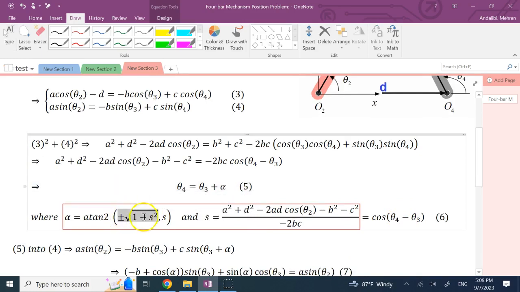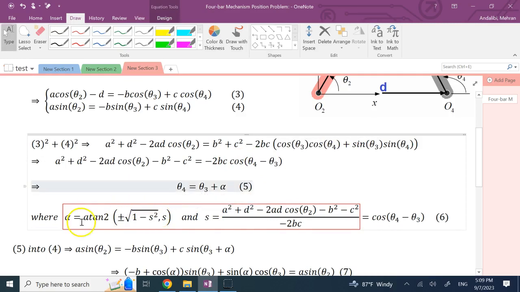And when I have sine of some angle and cosine of some angle, using arctangent 2 or arctangent in general, I can find that angle, right? Here, this angle alpha is exactly the difference between theta 3 and theta 4. So if I call theta 4 minus theta 3 alpha, or theta 4 is theta 3 plus alpha, the cosine of that alpha is S. The sine of it is plus or minus square root of 1 minus S squared.